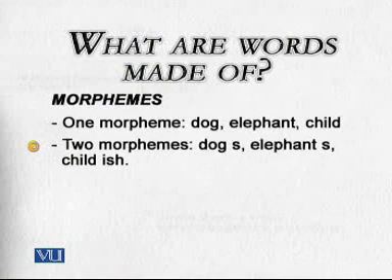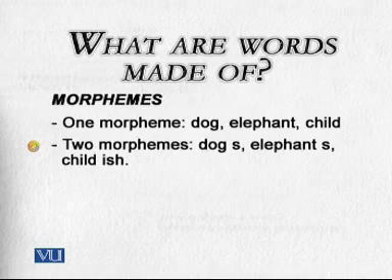One more example before I move ahead. Let's say child is one word and it has one morpheme in it. We can combine child and make its plural, for example, children, or let's say childish. Now childish is composed of two morphemes.